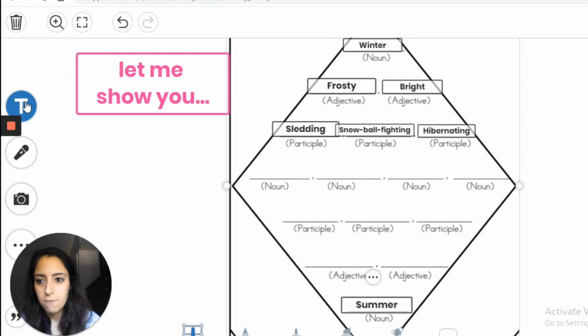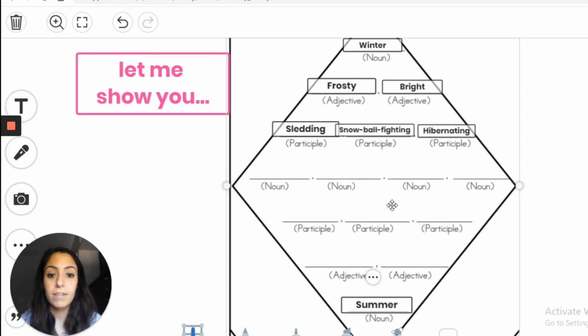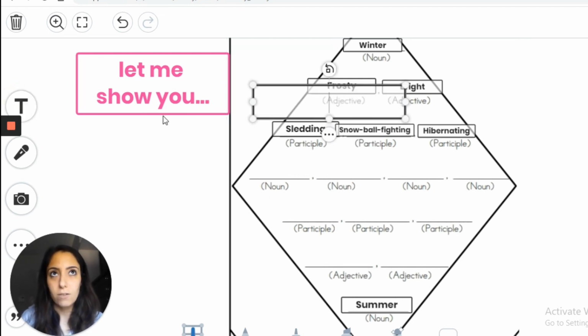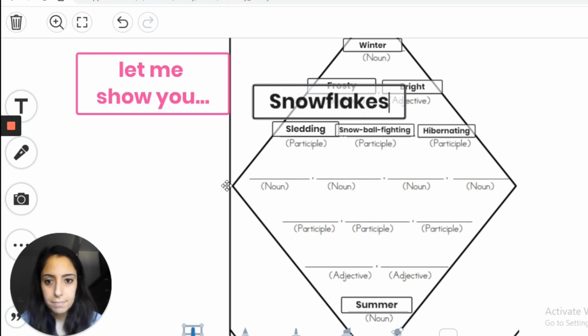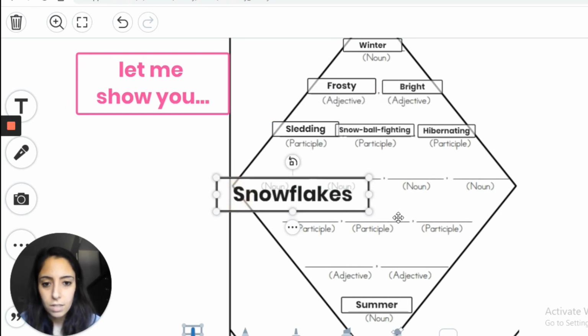So now let's go on to the 4th line. Remember, this is where we split right here and we start talking about the next topic. So the first 2 nouns are just going to be about winter. So thinking noun, people, places, things, or ideas. What nouns remind me of winter? Since I've been talking about snow, I could say snowflakes. What else?